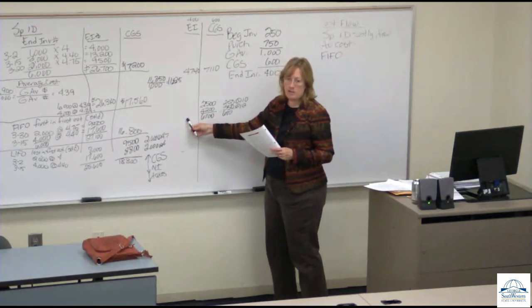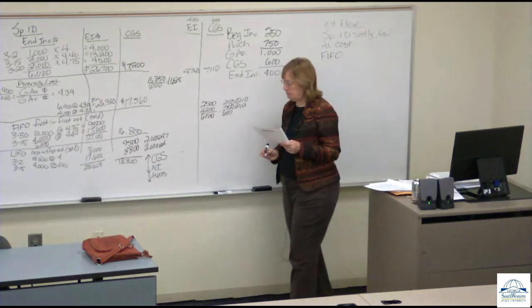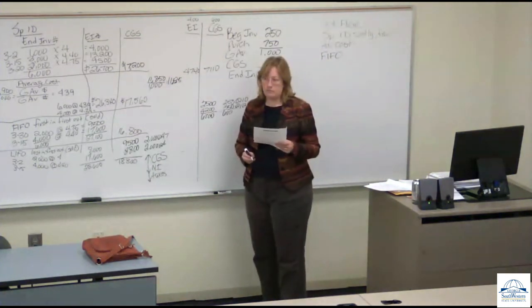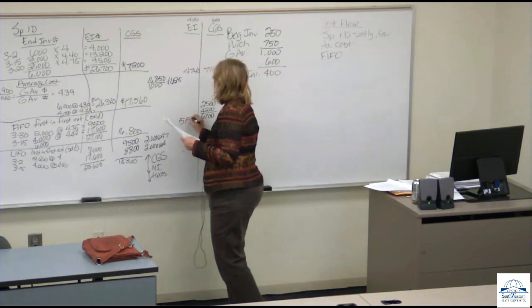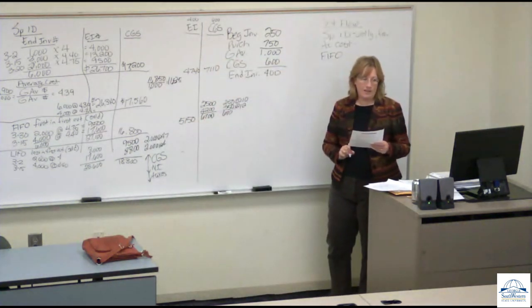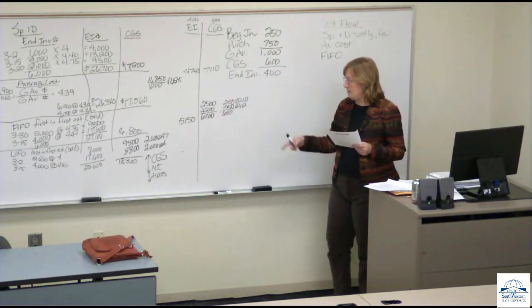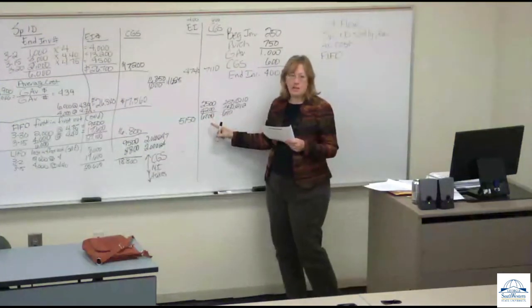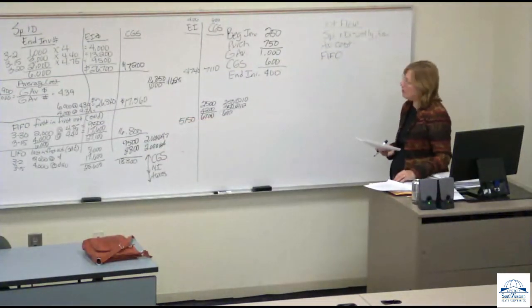It's $5,150, because how'd we get that, Jeremy? 11,850 minus 6,700. Right. The total goods available minus this is 5,150. Okay. All right.